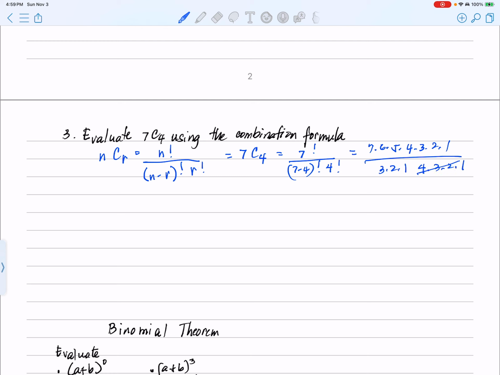I could see what I can cancel right away. I could cancel 3 and 6 by having that as 2. Then I could cancel 2 and 2. So what is left is 7 and 5, which equals 35.